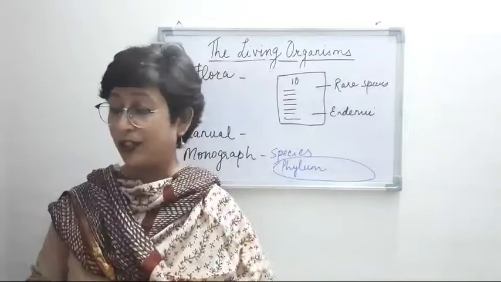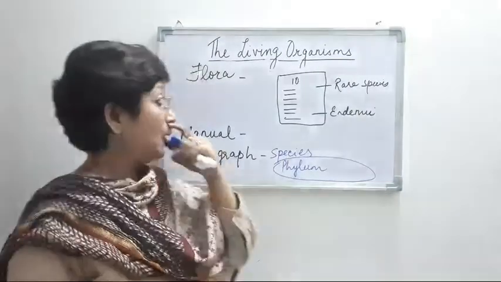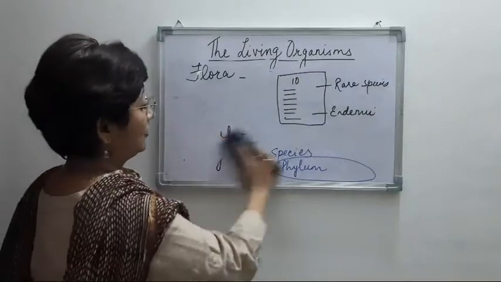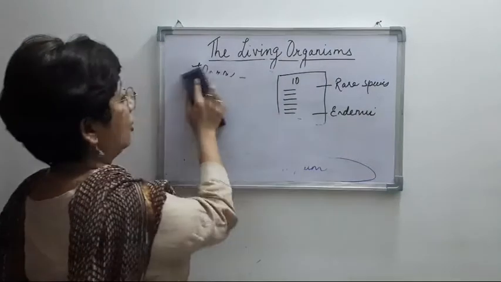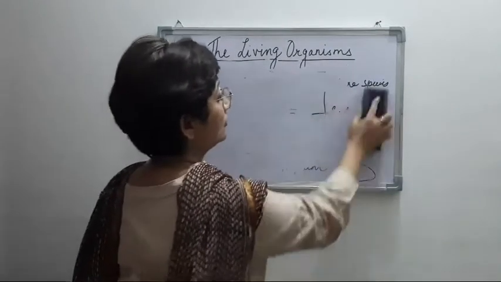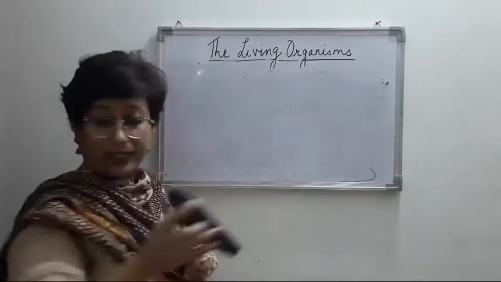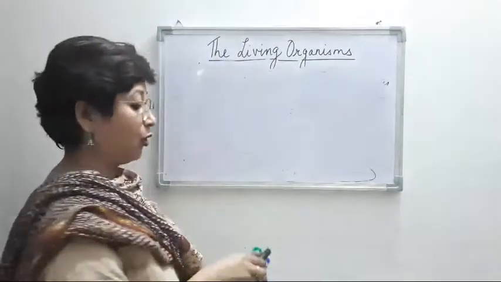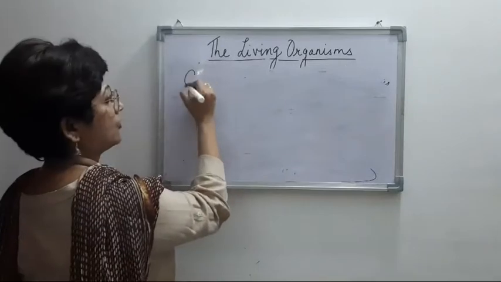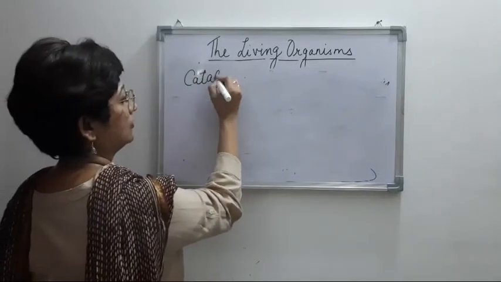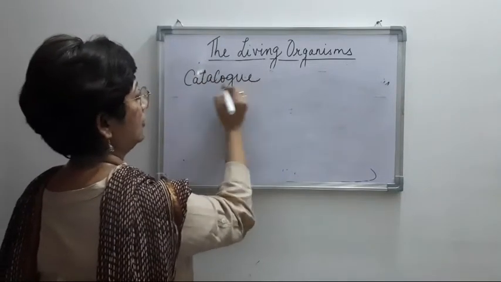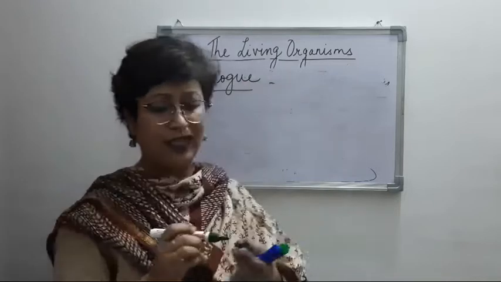So that's about the monograph, and we come to the next taxonomical aid without the specimen. The next one is a catalog, right? Catalog I don't think is a very difficult term to understand, right? So what is a catalog?